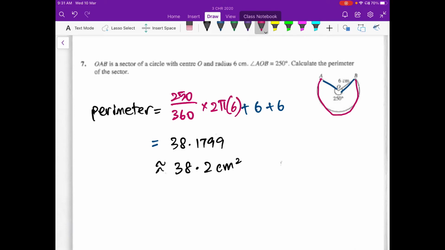Is that correct? Right. Jinao, correct? Yeah, perimeter. What is square? Where got a square?